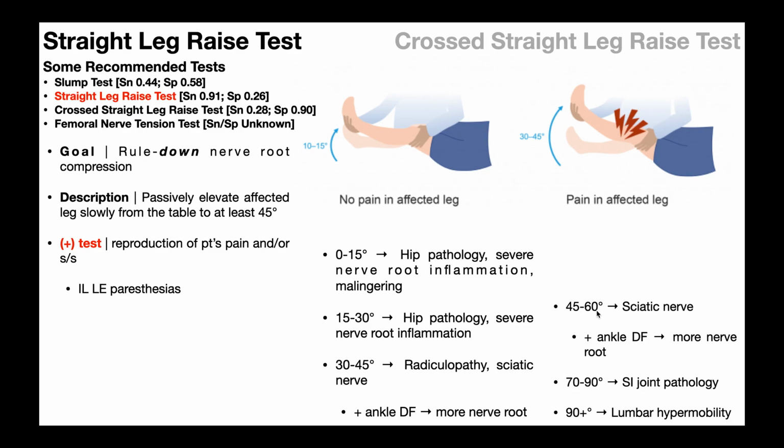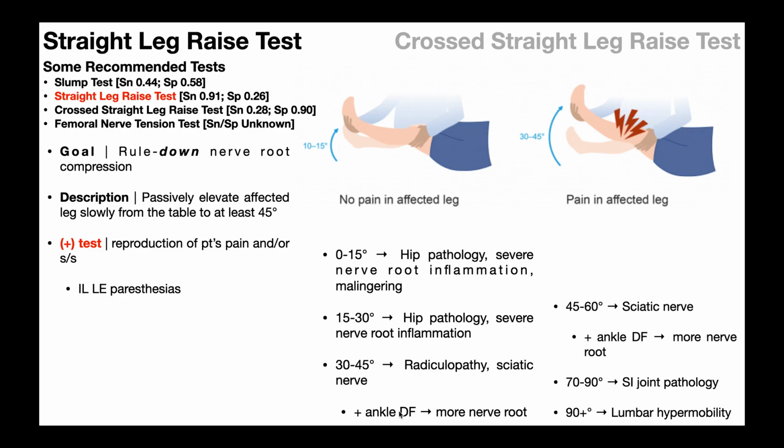Between 45 and 60 degrees, we can also get paresthesias there. However, if you start to see them in this range, it's probably not due to a true radiculopathy. It's probably more sciatic nerve. However, regardless of where in those two ranges you see those paresthesias, you can rule up a nerve root involvement by performing that ankle dorsiflexion. Remember, that's aggravating.